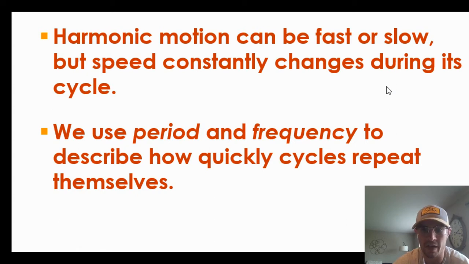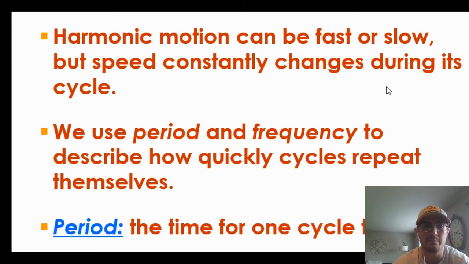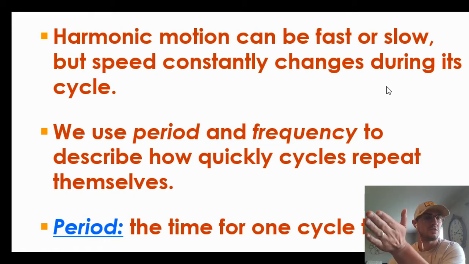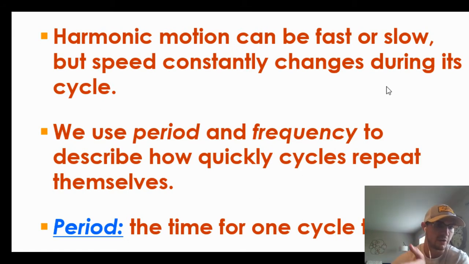For example, as you move up in that swing, you're starting to slow down, right? And then you come back down, and now you're starting to speed back up. Your fastest point is going to be at the very bottom, and then you start to slow down as you go back up to the other side and speed up as you go down, right? So your speed is constantly changing in that example of a pendulum, okay?